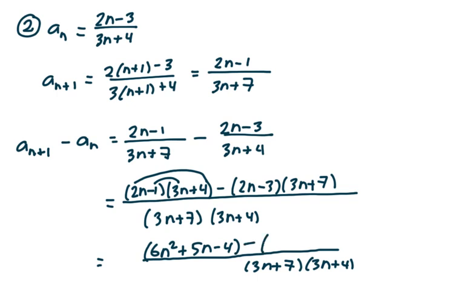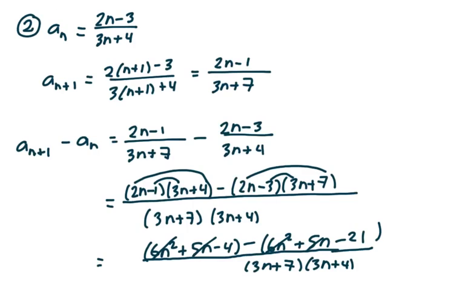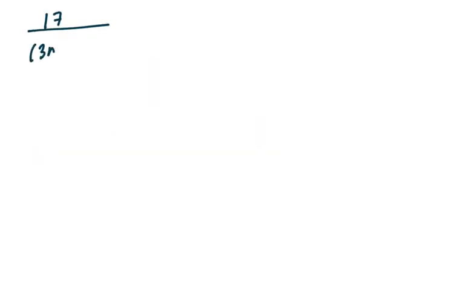And then I get 6n squared plus 14n minus 9n plus 5n minus 21. That's interesting, because the 6n squareds go, the 5n's go, and what we have left looks to be like 17. And then on the bottom, we get (3n plus 7) times (3n plus 4).